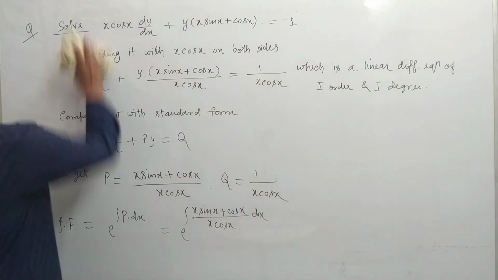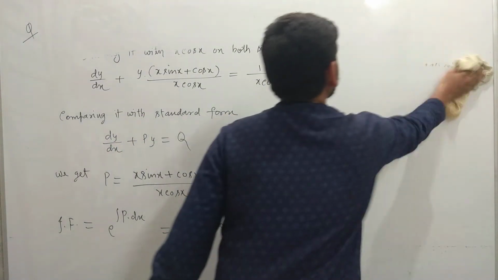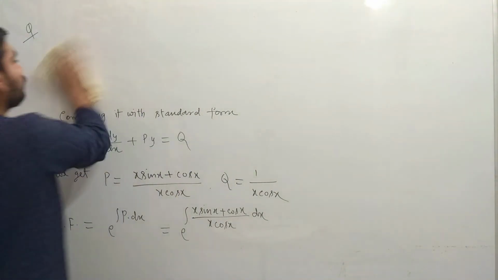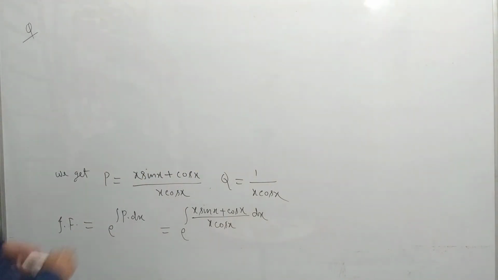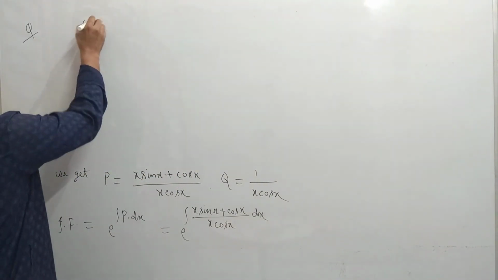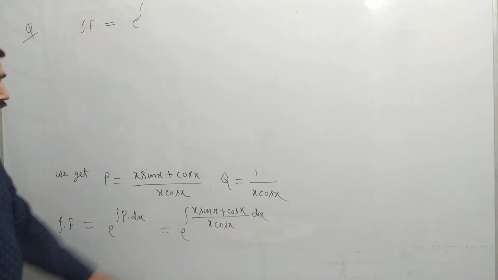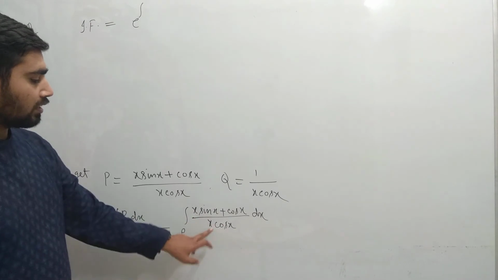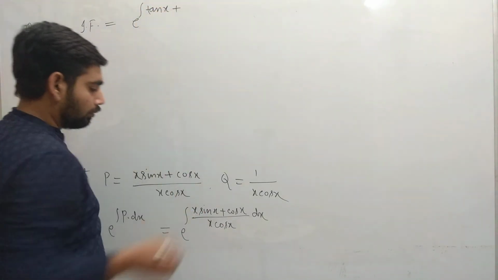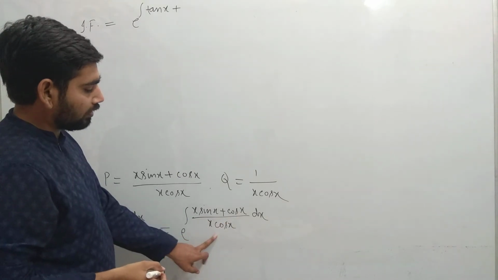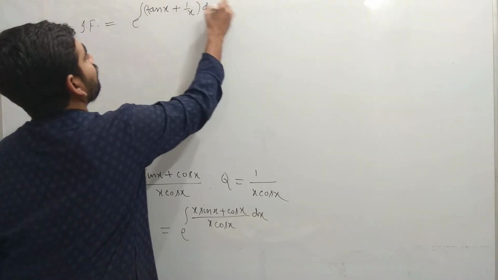Now integrating it, we get integrating factor as e to the power integral. Separating the terms, x sin x upon x cos x we will get tan x, and on separating it with cos x we get 1 upon x, so tan x plus 1 upon x dx.